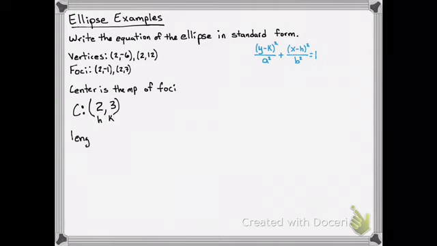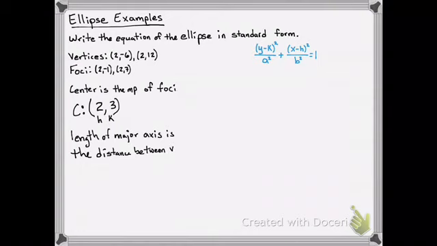The length of the major axis is the distance between the vertices. And I've got my vertices, and so I can easily find that distance.